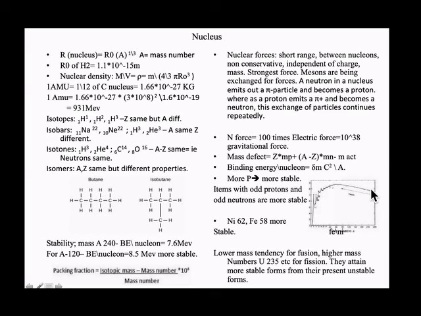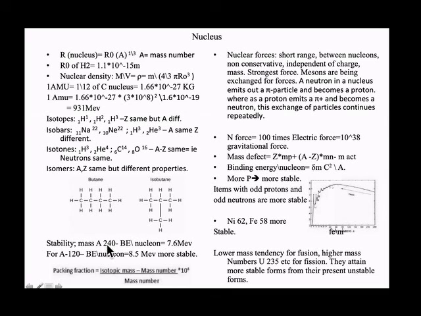So higher elements try to come to this zone, and lower elements also try to come. That is why hydrogen nuclei get fused to become a bigger atomic number. Similarly, U-235 and 238 undergo fission, getting separated to come to this atomic number zone. So this is the fission zone, and this is the fusion zone, to come to the most stable zone.